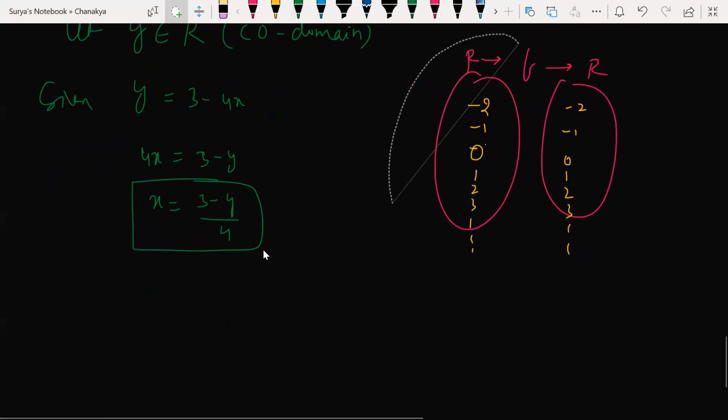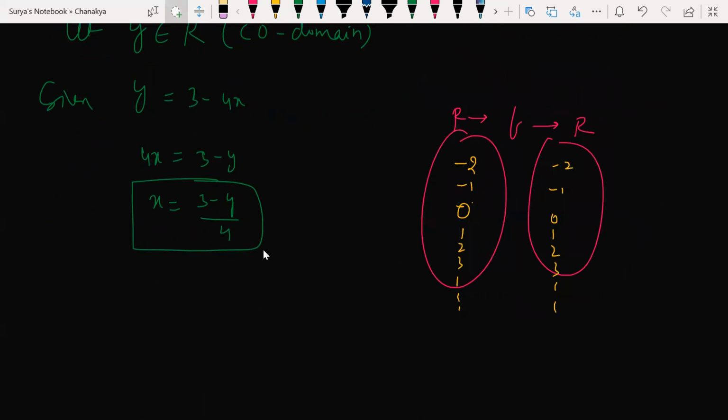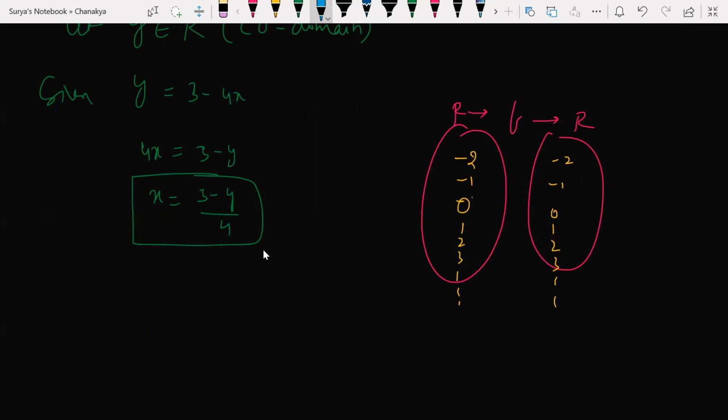Now you'll have a very good point. Check: if y is equal to 1, what is x going to be? 3 minus 1 by 4, which is 1 by 2, which is half.